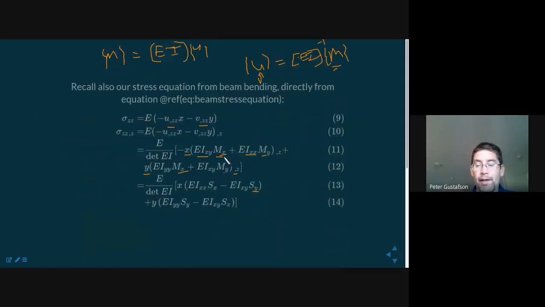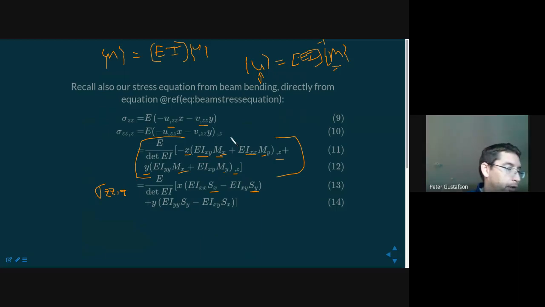And so this term here, when we had moments in it, and then we take the derivatives, becomes shear resultant. So sigma ZZ comma Z, the derivative of sigma ZZ with respect to Z, is now E over the determinant of the EI matrix times these quantities, X EI XX SX minus EI XY SY plus Y EI YY SY minus EI XY SX. All right, I did see a question coming through. I'll address that in just a moment.